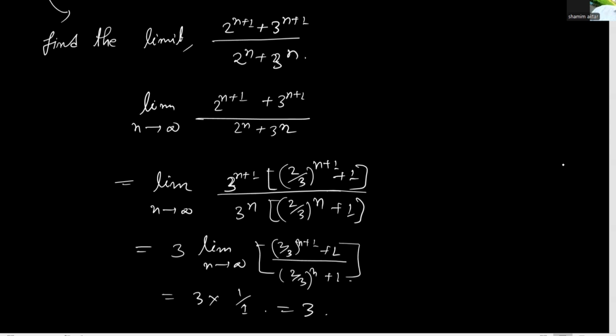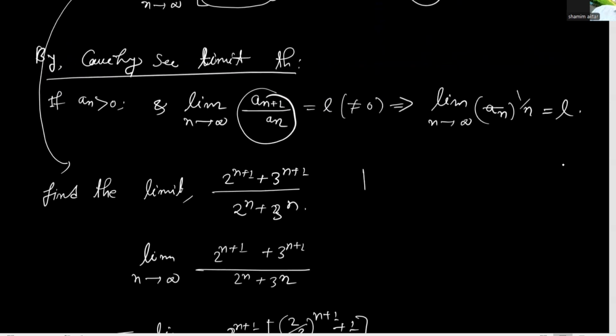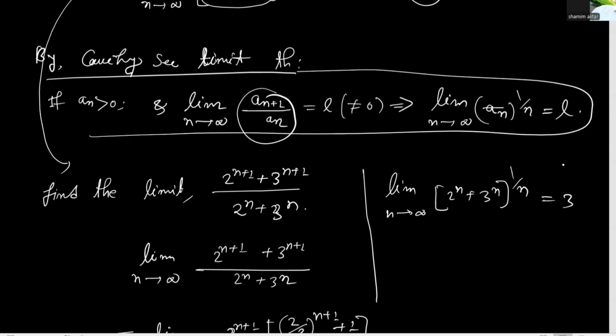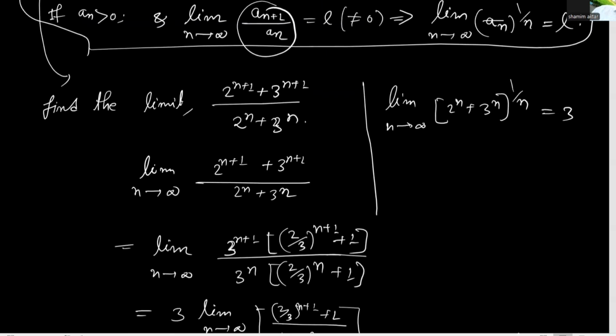So we get the limit as n tends to infinity of (2^n + 3^n)^(1/n) equal to 3, using Cauchy's second limit theorem. So we get the limit equal to 3.